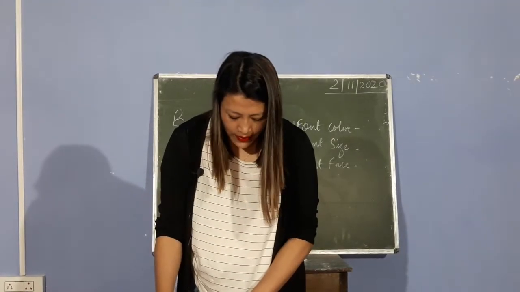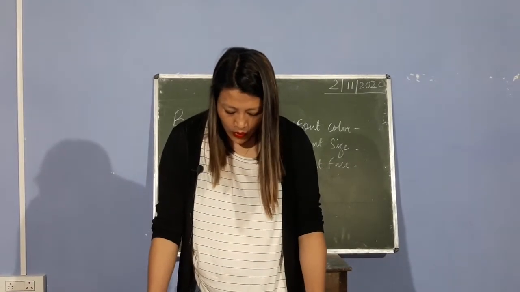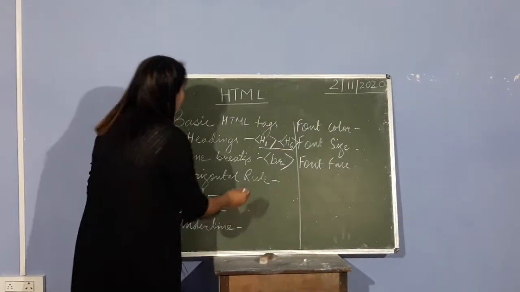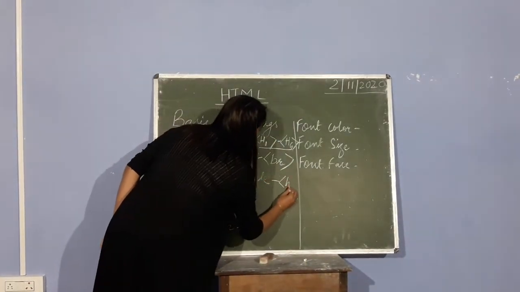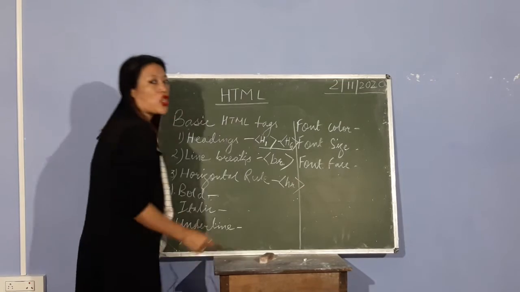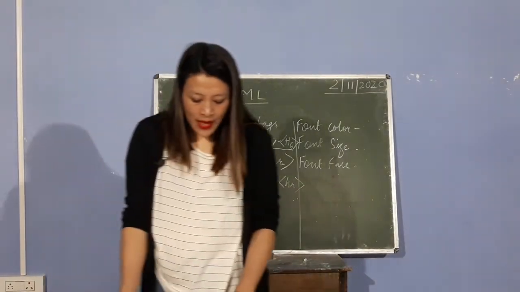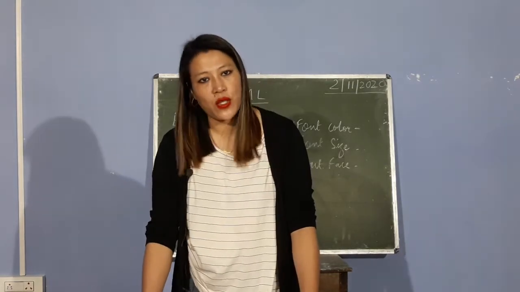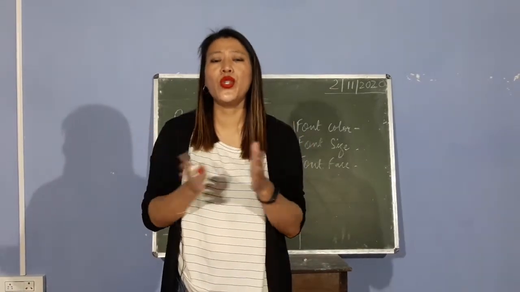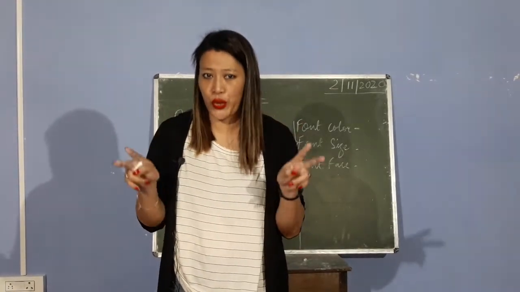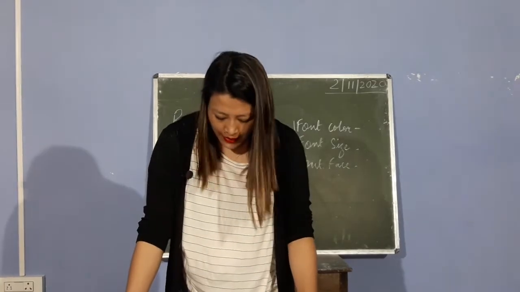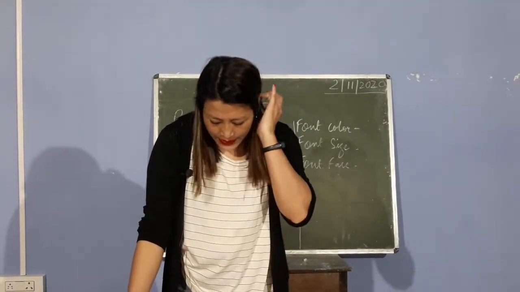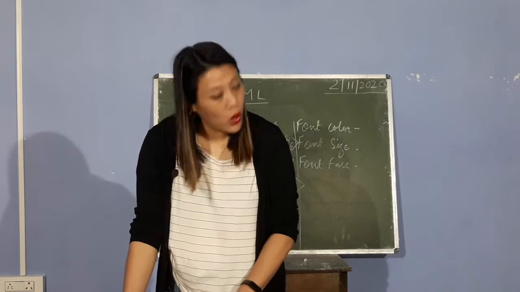Now comes horizontal rule, which is known as the HR tag in HTML. It is a rule that acts as a divider between sections. When you want to divide the page into two sections, then you have to give HR, and it is an empty tag and has no end tag.